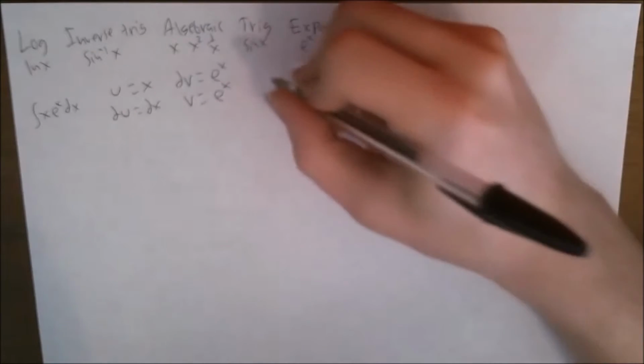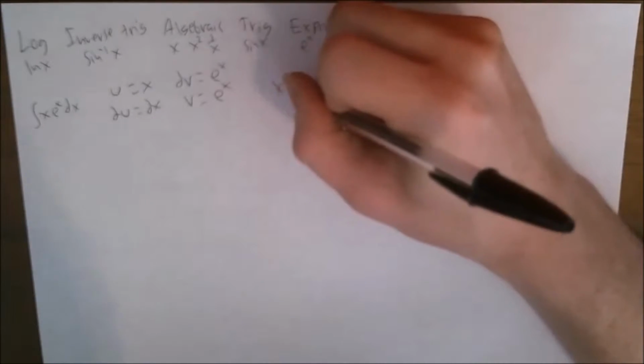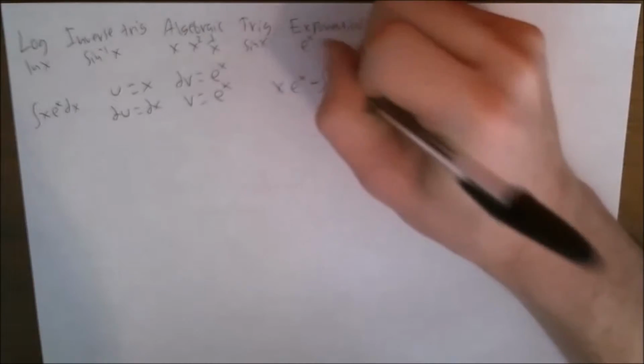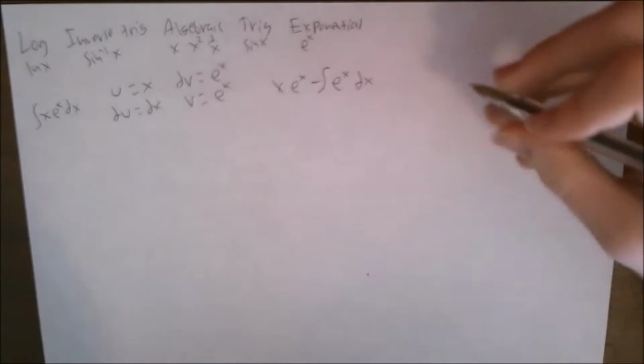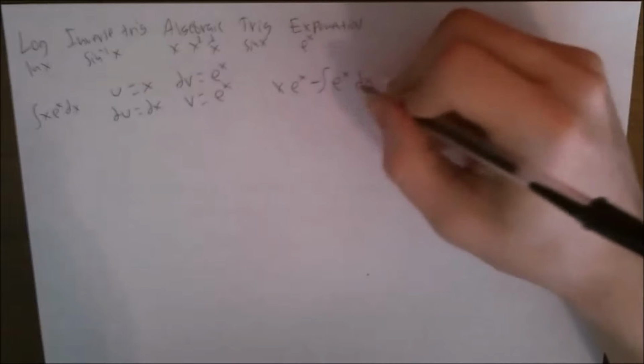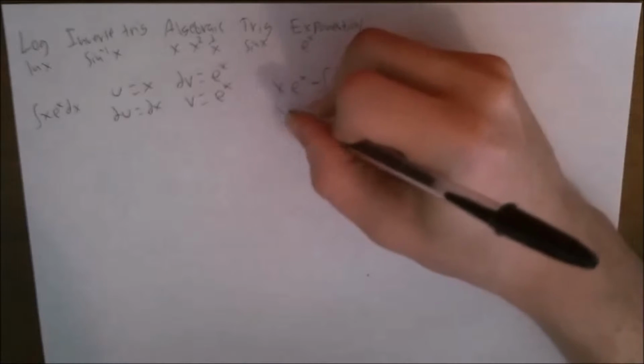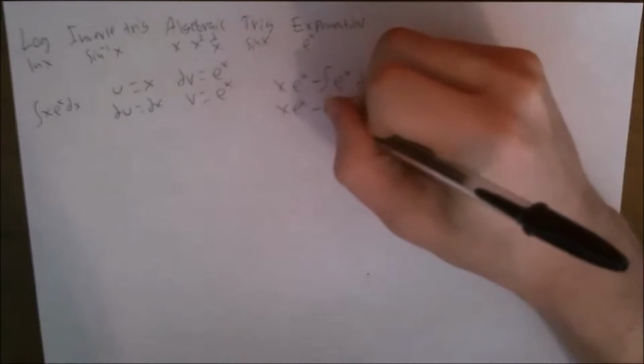Then you have uv, so x e to the x, minus the integral of v du, so e to the x dx. Then you integrate this and you just get e to the x, so x e to the x minus e to the x.